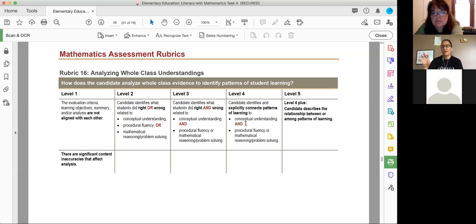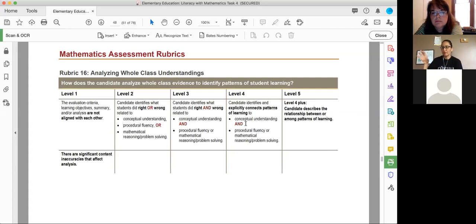So you might describe that the majority of the students did well on the conceptual understanding. They were able to find the area of triangles on the pictures that were shown, whatever it is you want to describe for the test item. But in the procedural, in the test item after that, the procedural errors seem to have come from, and then you describe what that misconception was.